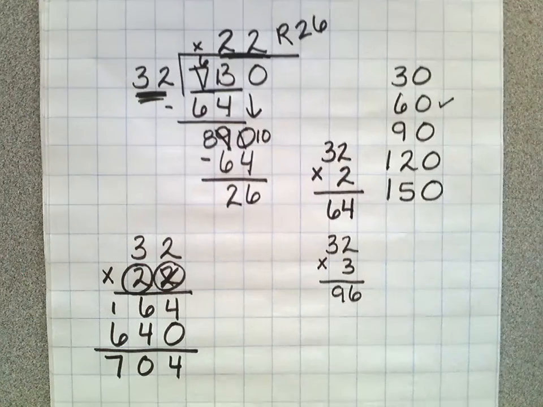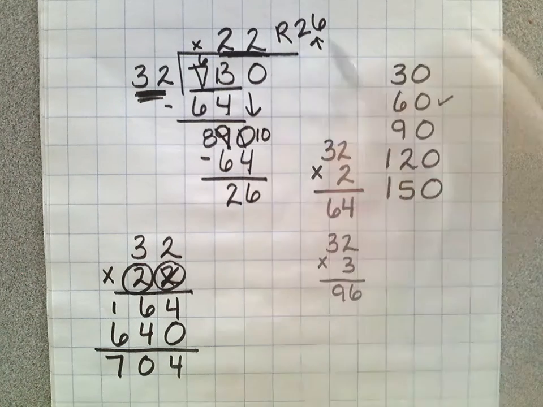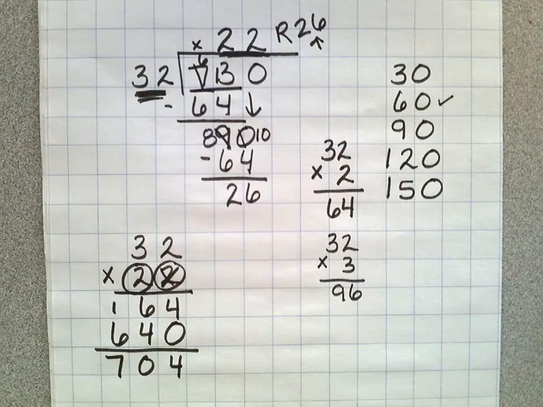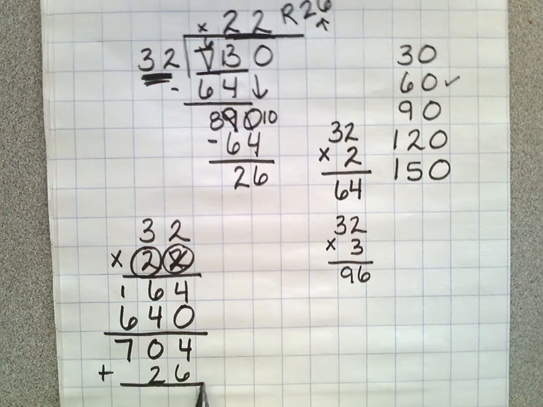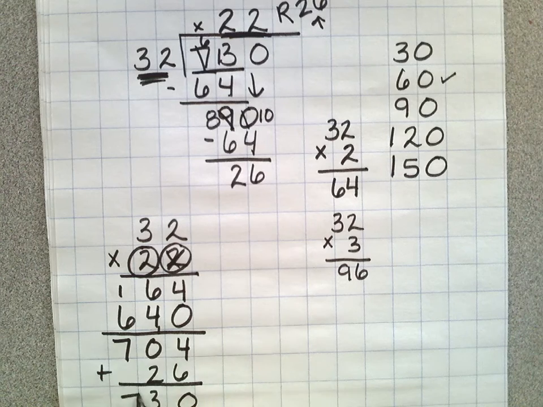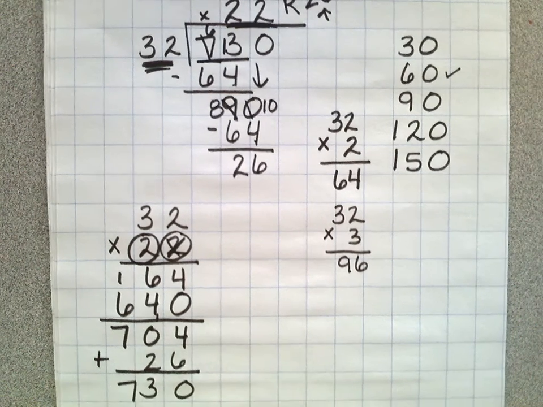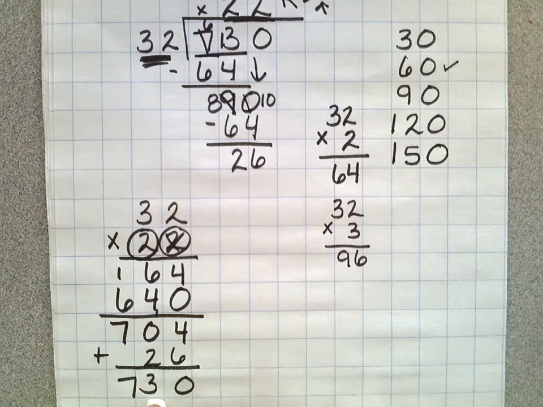But I'm not finished yet. Remember, you've got to add on your remainder. It's the leftover. We're adding it and putting it back in. So plus 26. And we know that we have done correct math when that answer matches our dividend. So we're all good.